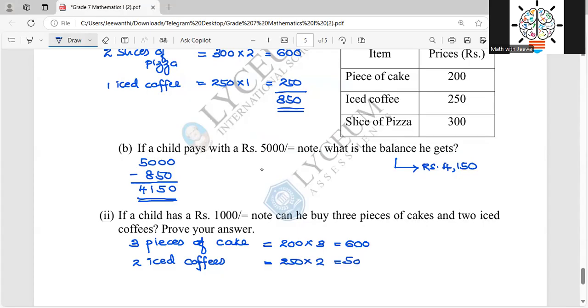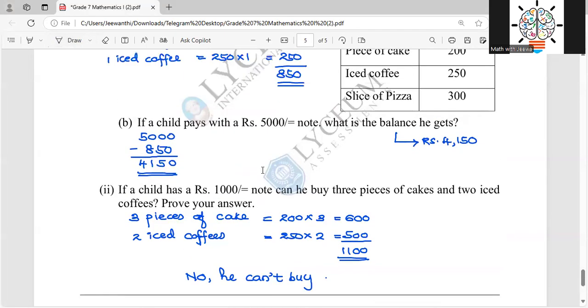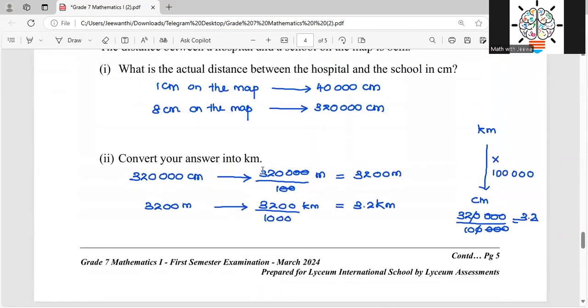It is 500. So then the answer is 1,100. No, if a child has a 1,000 note, can he buy? No, he can't buy. So that's the answer here. So this is part C answers.